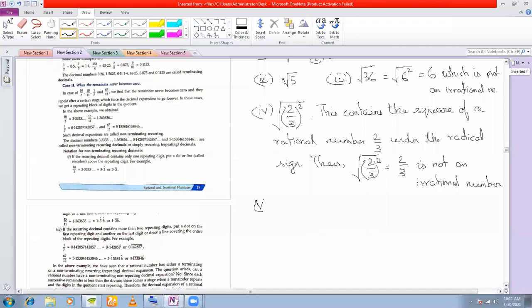Okay, let us take another example. There are certain standard numbers that are irrational numbers, like certain values of logarithms.